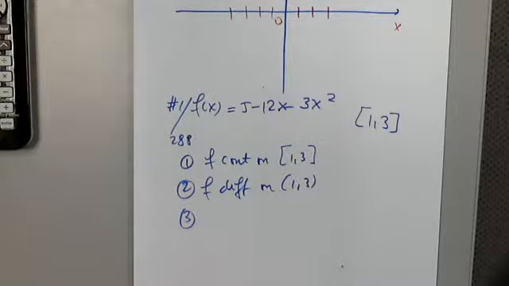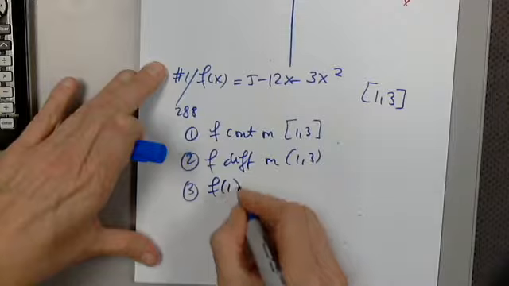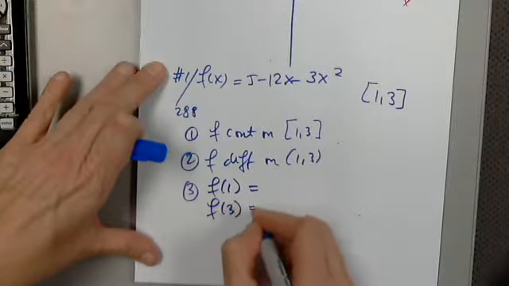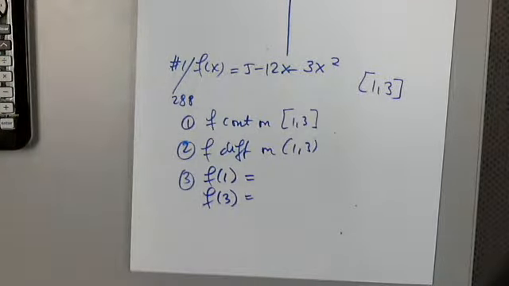And now we have to check f of 1 and f of 3. If f of 1 and f of 3 are not equal, then we will say Rolle's theorem is not applicable here.